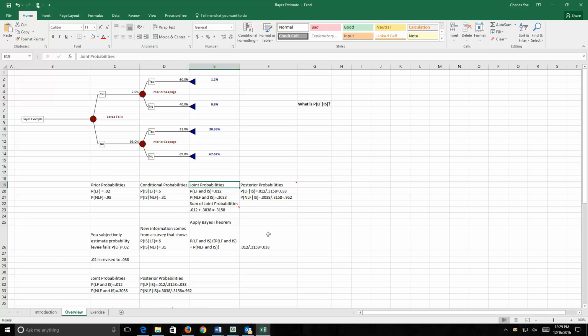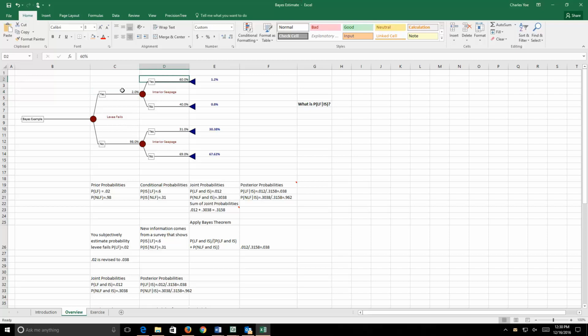Next we go to joint probabilities. Joint probabilities are sometimes conveniently called AND probabilities, and this is why. Here we have the probability that there is levee failure and interior seepage. So this is the probability of a levee failure and interior seepage.